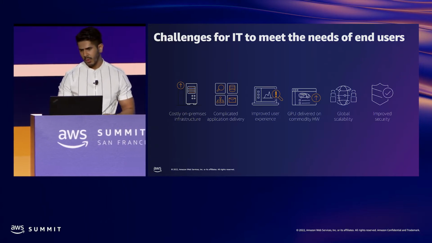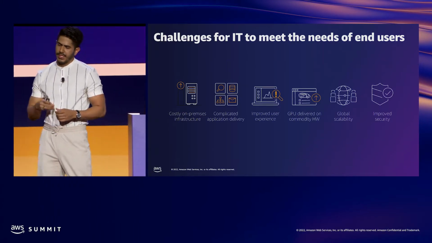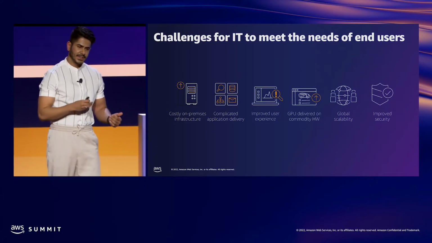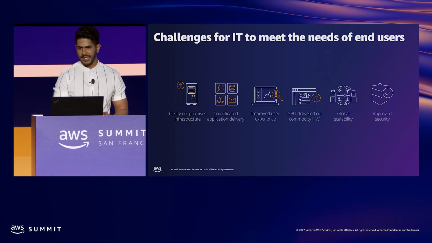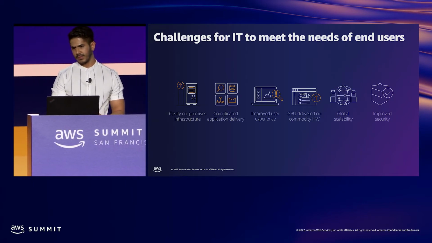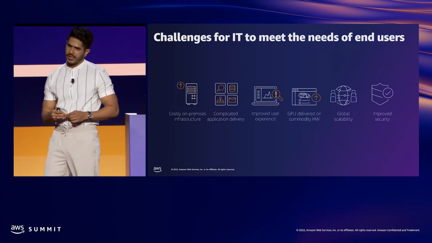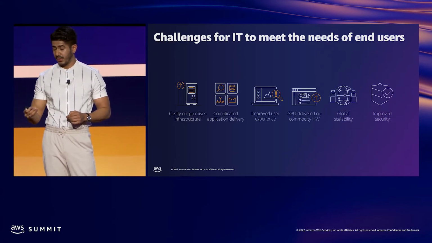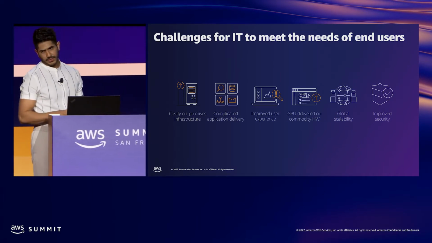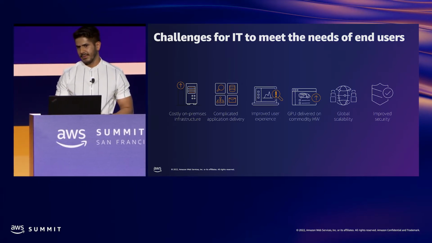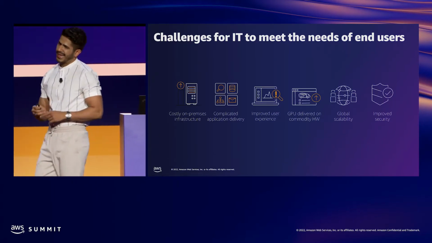When we talk to customers before onboarding them, they usually tell us that the IT staff has to buy hardware at the beginning of the year or the beginning of the quarter. So they always have to predict usage for the number of end users or employees that are going to be onboarded, and they never really know what that number is. So either that results in buying a lot of hardware, or sometimes it results in not buying enough.